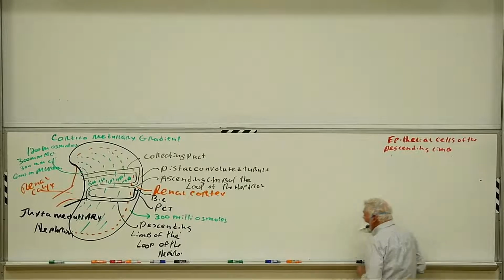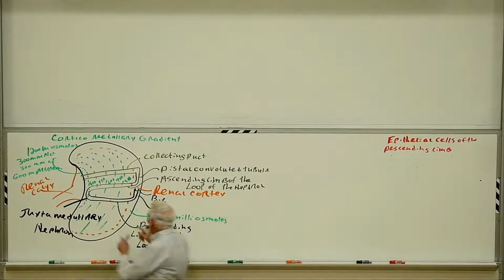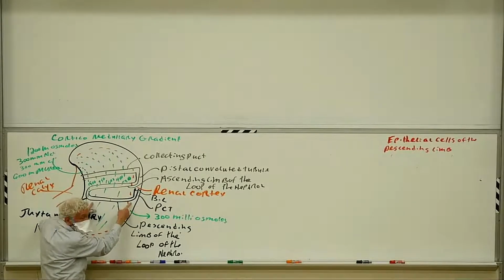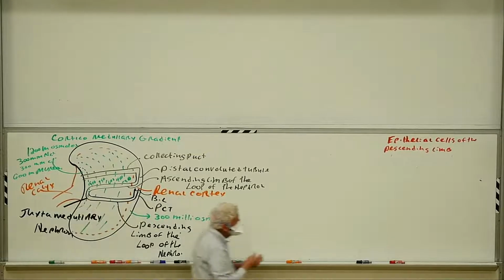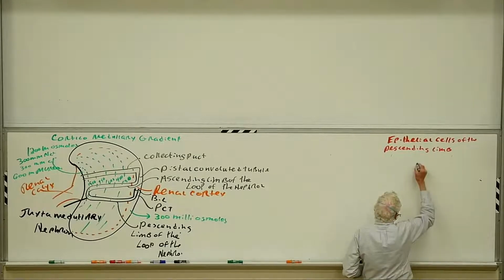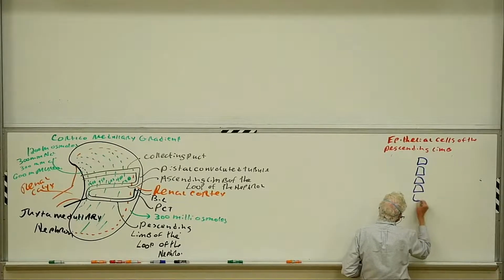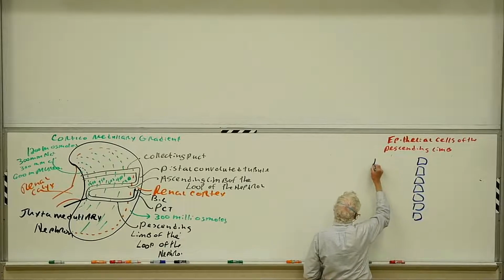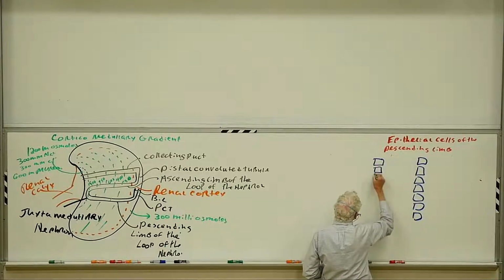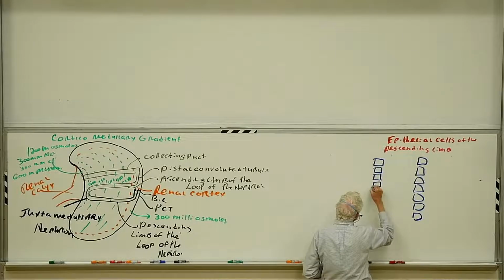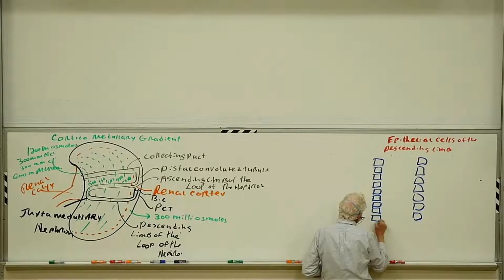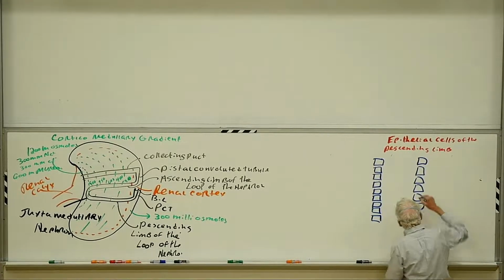So we're going to draw a bunch of boxes that represent this region of the nephron. So here are the boxes. This is meant to be the descending limb. This is the lumen.